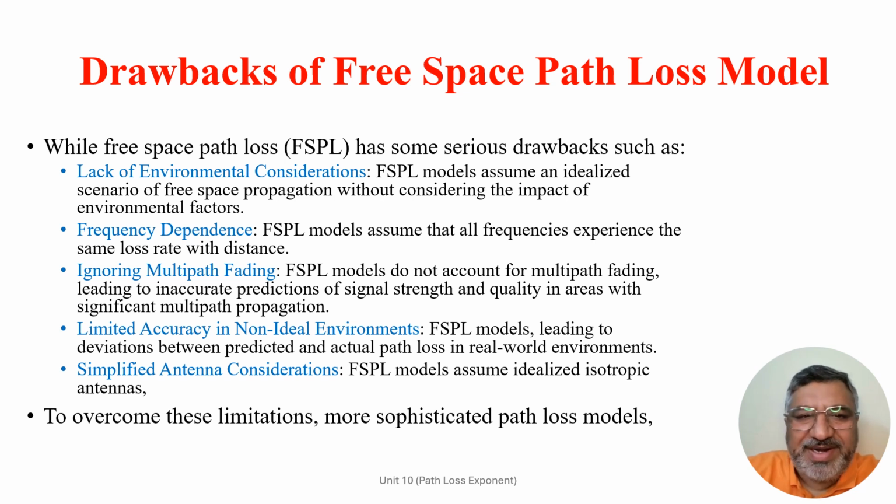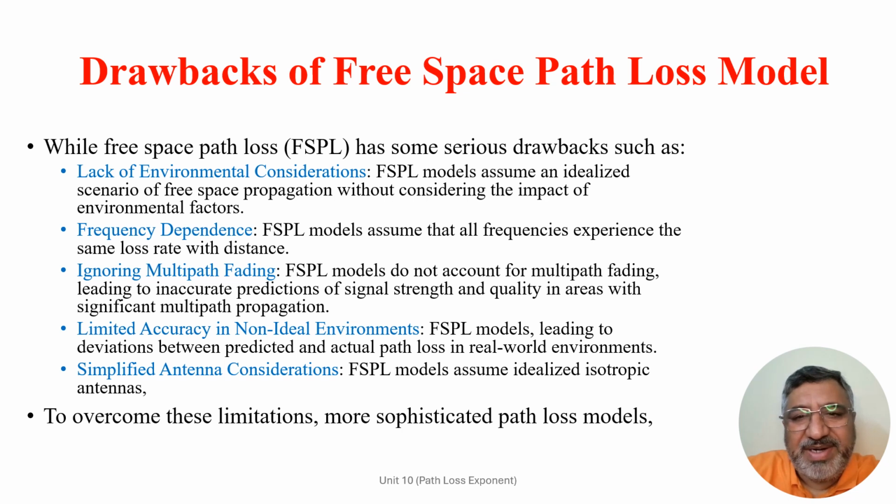In reality, wireless signals encounter many obstacles due to buildings, terrain variation, vegetation, and many other objects that can significantly affect the propagation characteristics. Free space path loss model does not account for these effects, leading to inaccurate prediction in real-world scenarios.